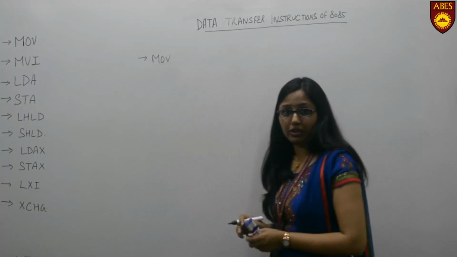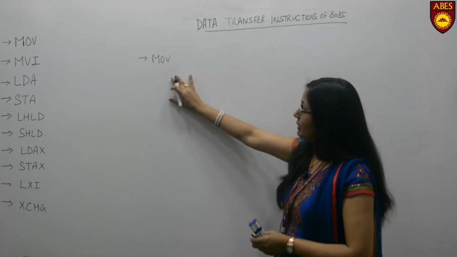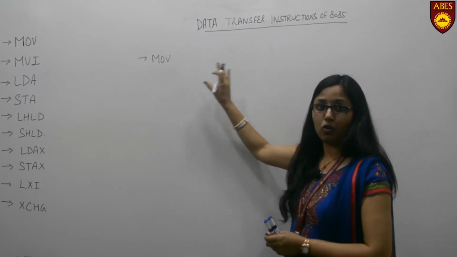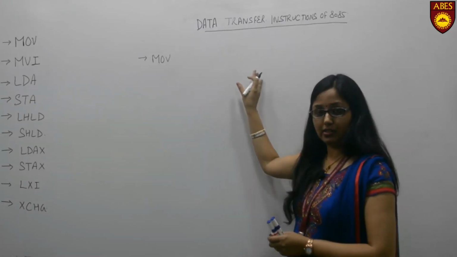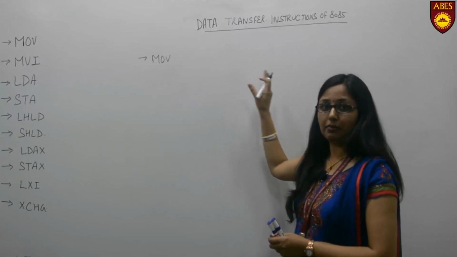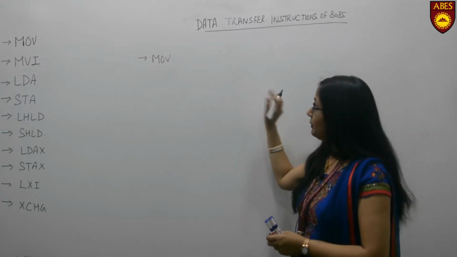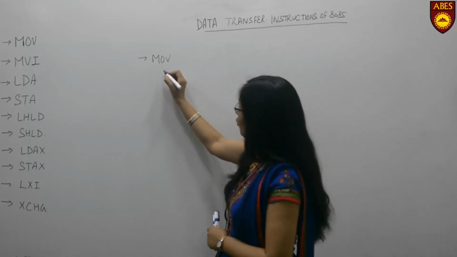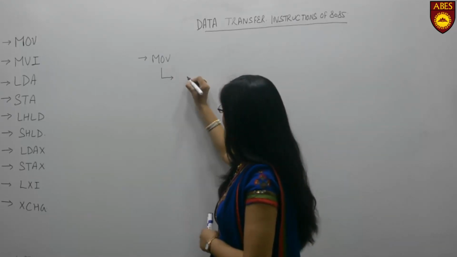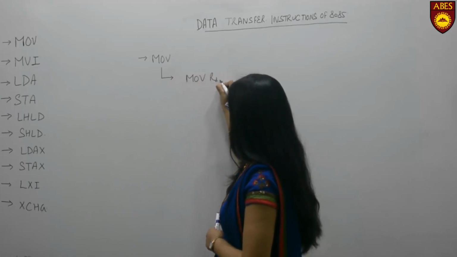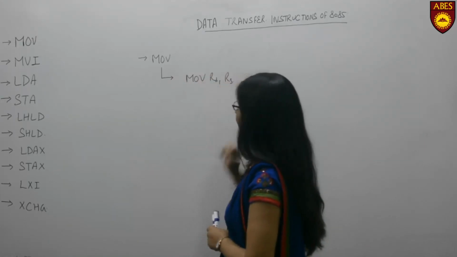MOV. This instruction transfers data from one register to another register, from a register to a memory location, and from a memory location to a register. The first type of move instruction is MOV Rd, Rs.